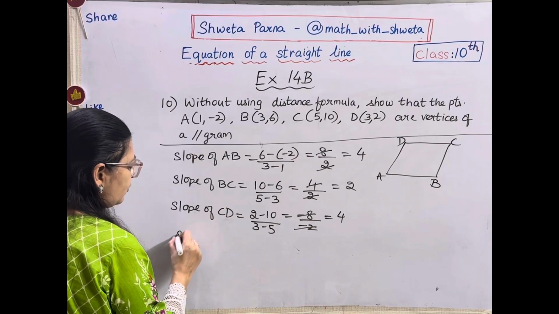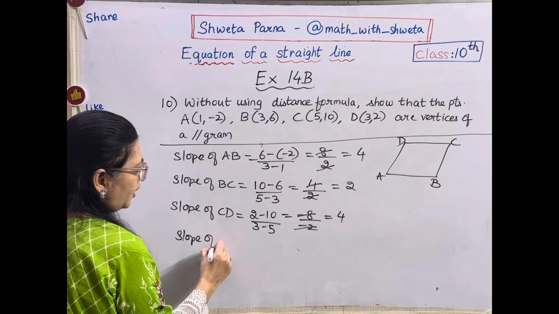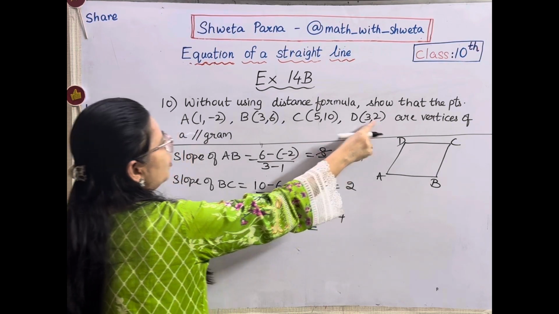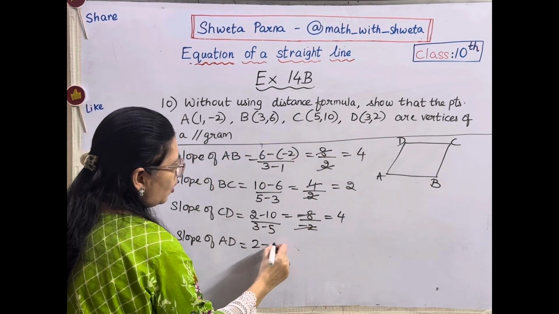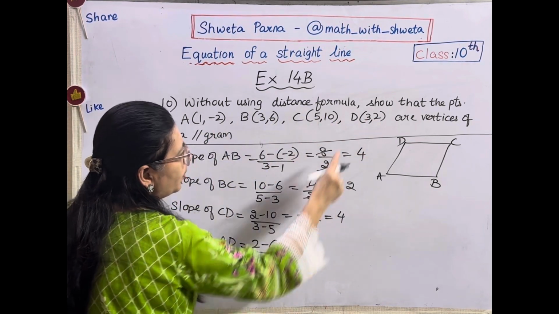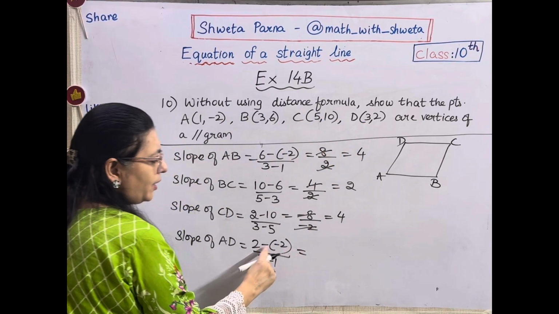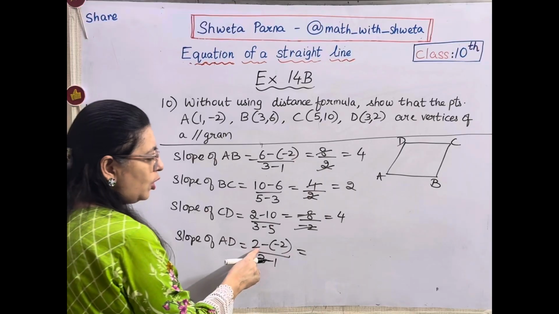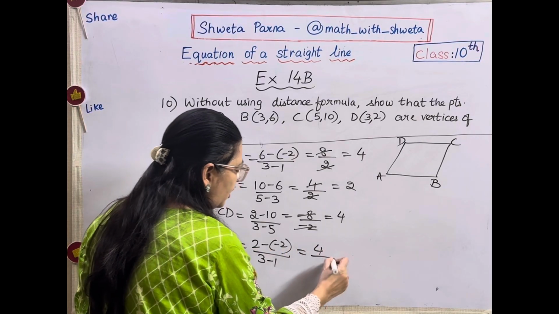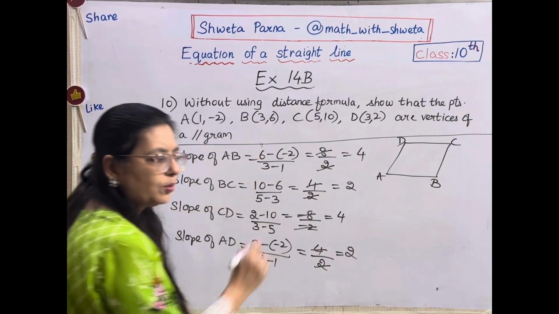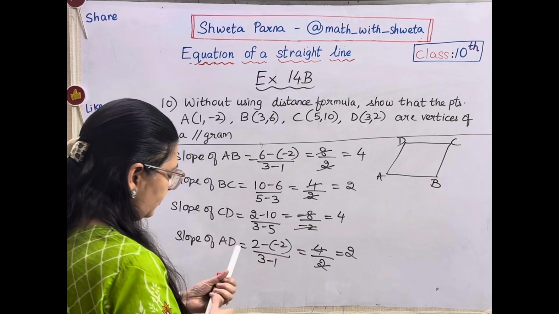Now let's find slope of AD. A and D. So 2 minus of minus 2 upon 3 minus 1. So minus into minus becomes plus. 2 plus 2 is 4. 3 minus 1 is 2. So it is 2.